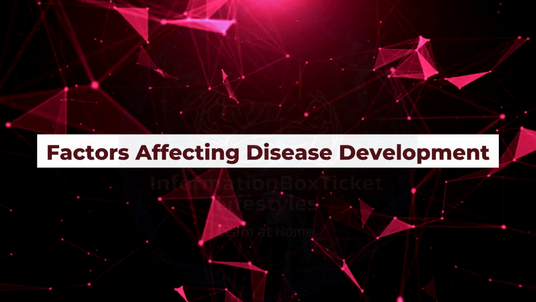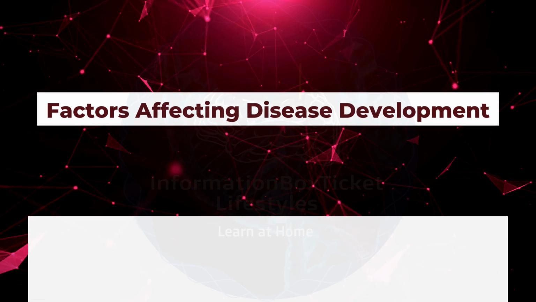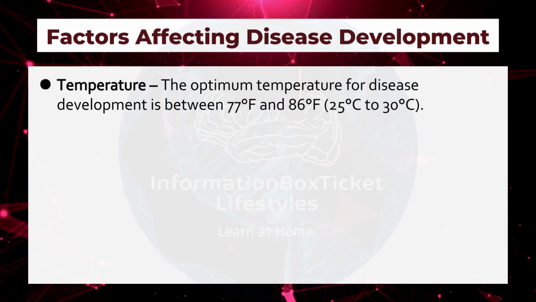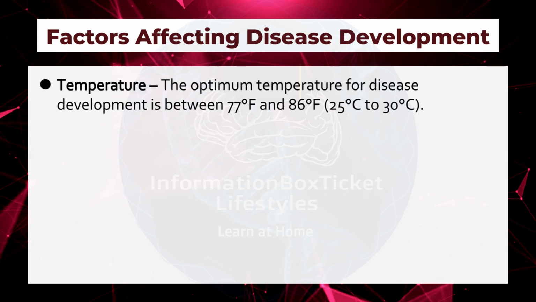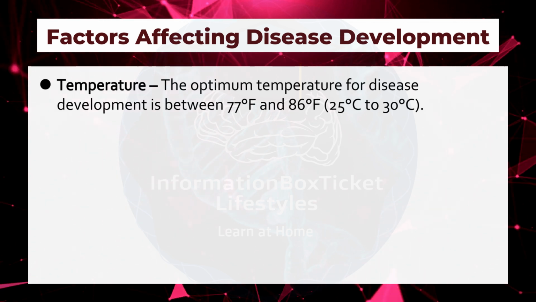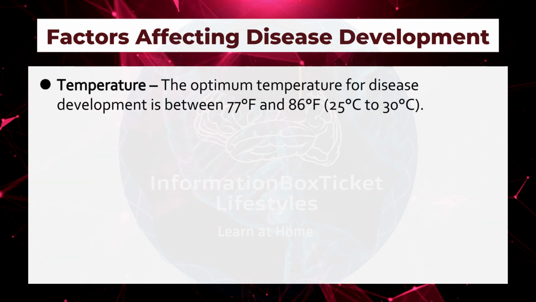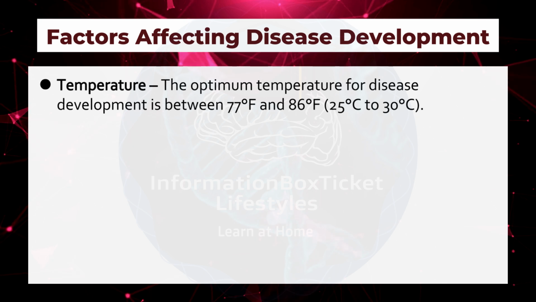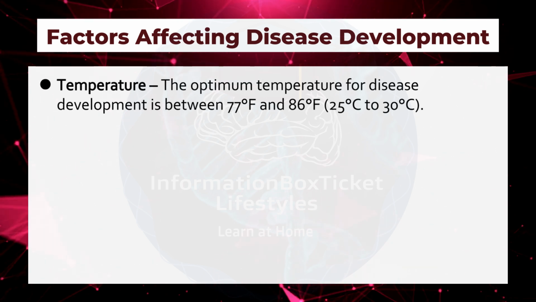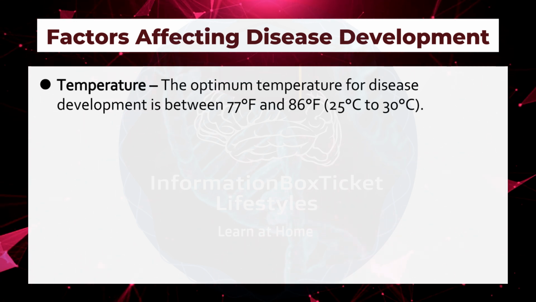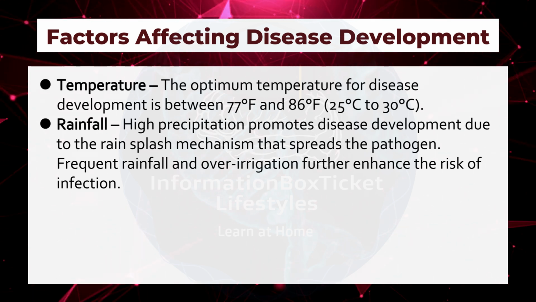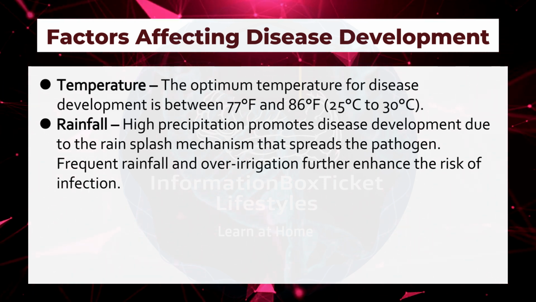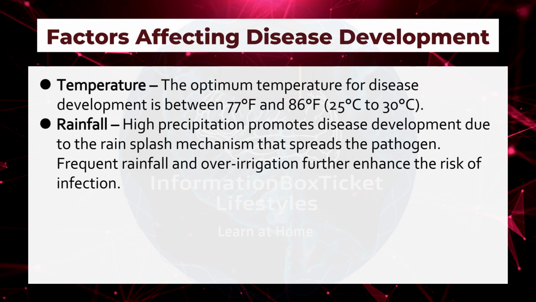Factors affecting disease development. Temperature. The optimum temperature for disease development is between 77 degrees Fahrenheit and 86 degrees Fahrenheit, 25 degrees Celsius to 30 degrees Celsius. Rainfall. High precipitation promotes disease development due to the rain splash mechanism that spreads the pathogen.